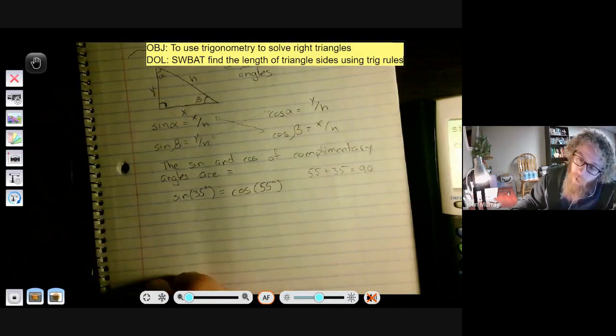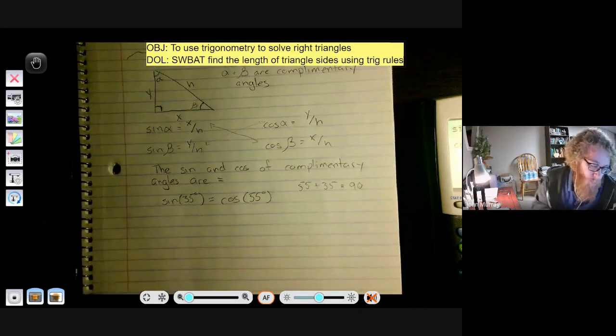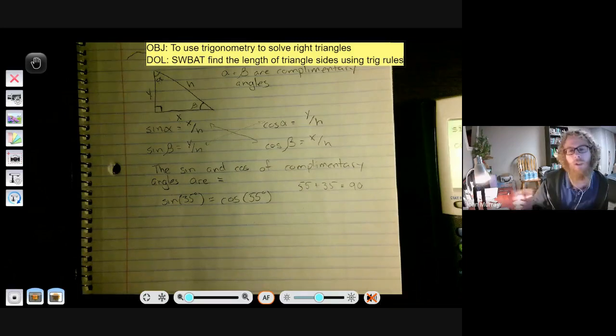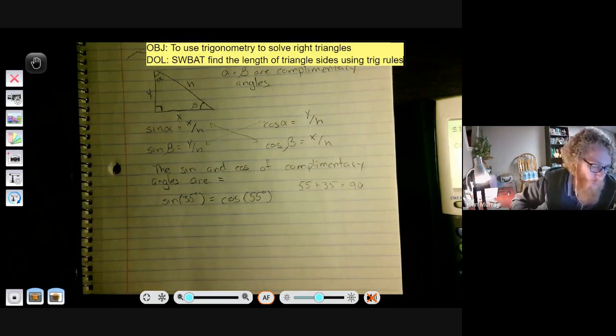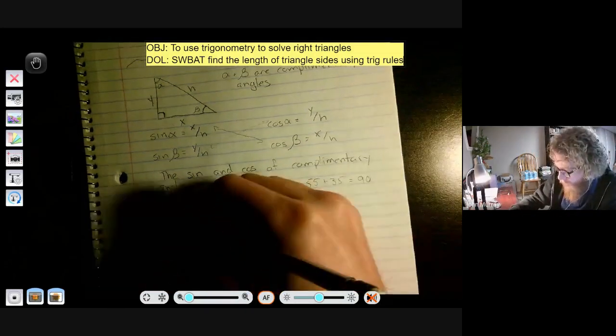They'll both be 1/2. We can use that to our advantage when we move on with some of our problems. And it may come up just as a general question. They may ask you, what is the sine of 35, or what is it equivalent to? So right away, you can say the cosine of 55.